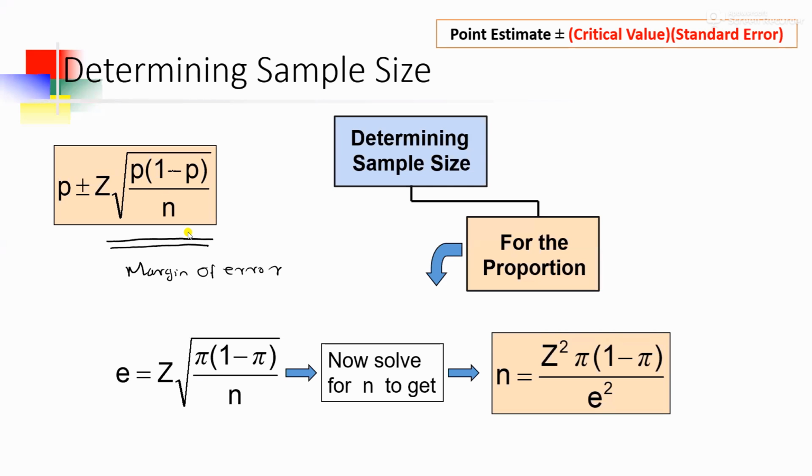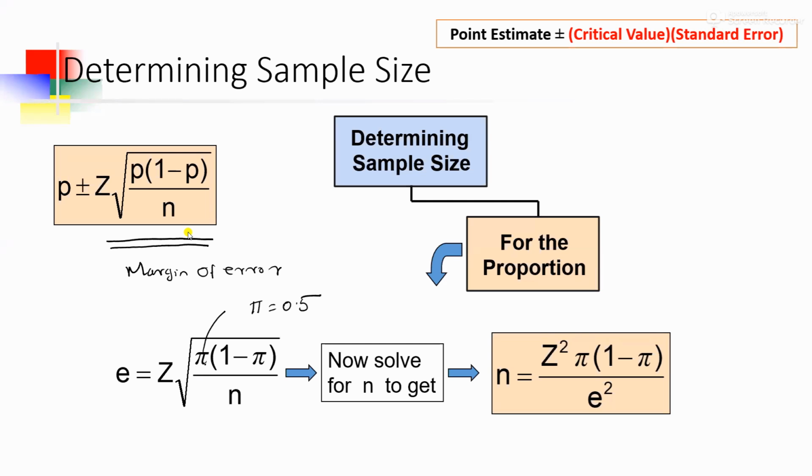The sampling proportion should be replaced by the population proportion from previous studies, or we have to use the pilot study, or sometimes we can take a conservative value, pi equal to 0.5. Three methods here we can use to find the pi value.